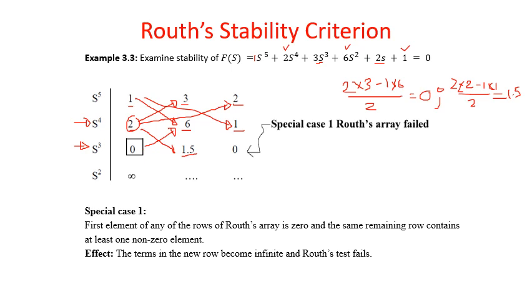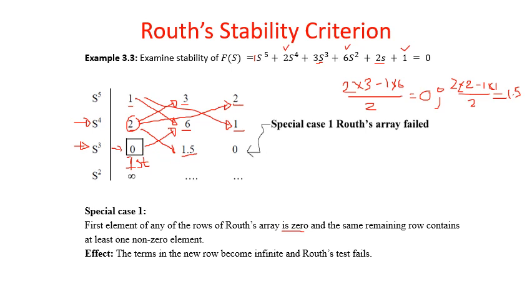So in special case 1, the first element of a row of the Routh array is 0. The first element will be 0 in special case 1, and in the same row it will contain at least one non-zero element.